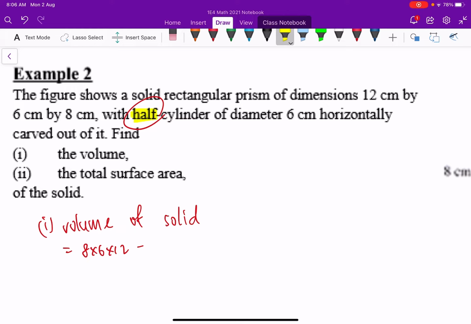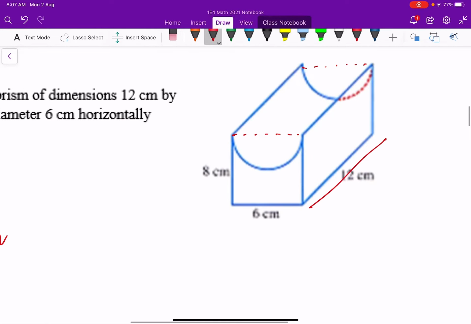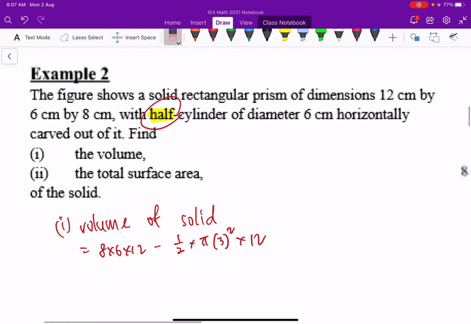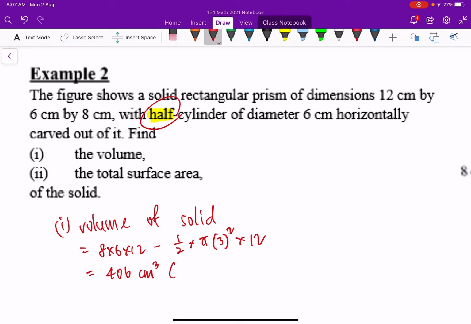These are very important words. So half the volume of a cylinder. Because the diameter is 6, we know the radius is 3. The distance between them is 12, so the height of the cylinder is also 12. When we calculate, you will get 406 cm cube, to 3 significant figures.